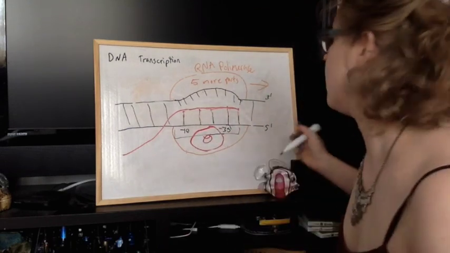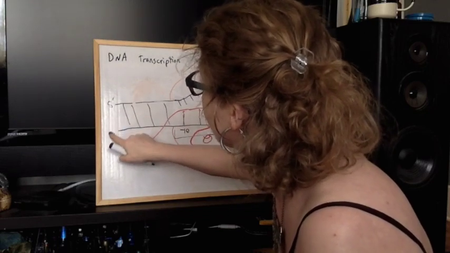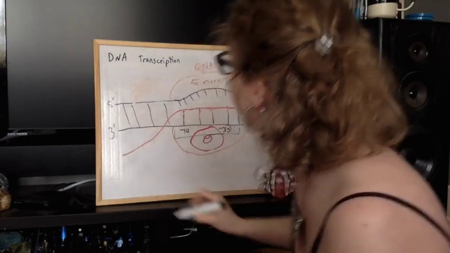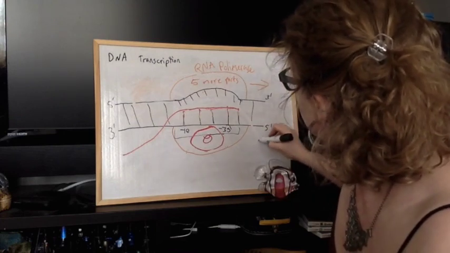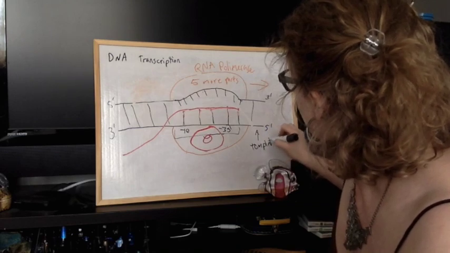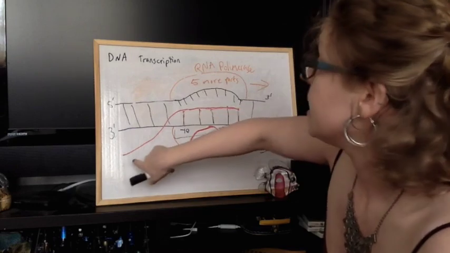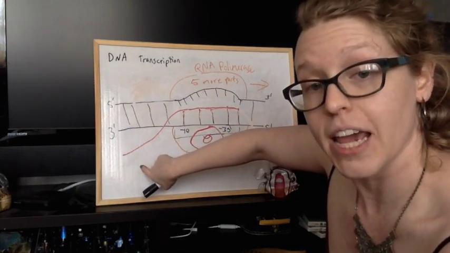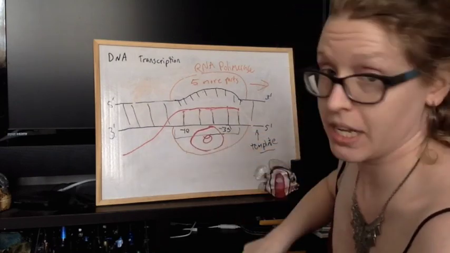So let's talk about primes, because clearly this is the thing that I'm the worst at, so I'm just going to assume that you're the worst at it. This is the template strand. That means that the resulting RNA is going to be antiparallel to the template.